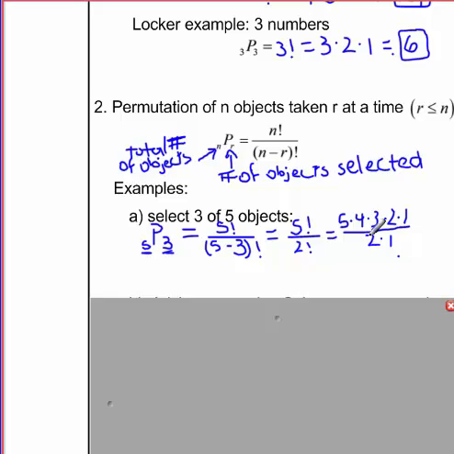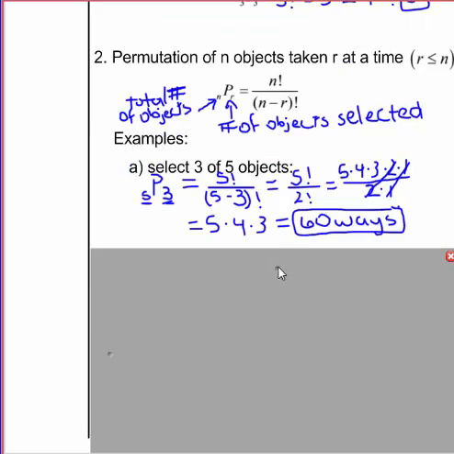So you have a 2 and a 1 on the bottom and on the top. So 2 divided by 2 is 1. 1 divided by 1 is 1. And so all you end up with is 5 times 4 times 3. And 5 times 4 is 20. 20 times 3 is 60. There are 60 ways to select 3 objects out of the 5.